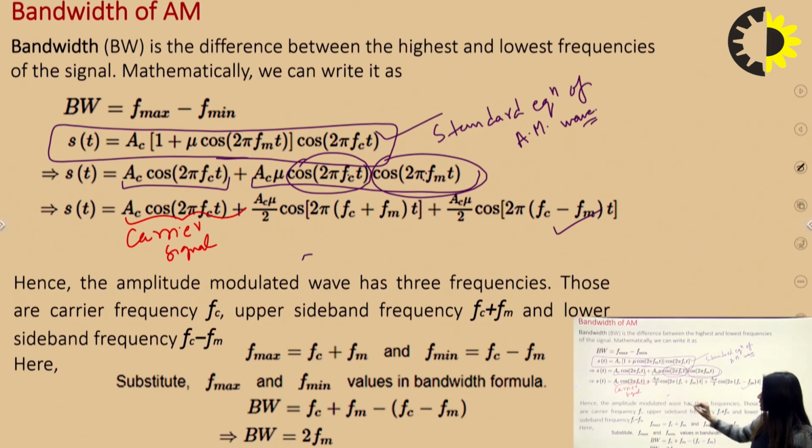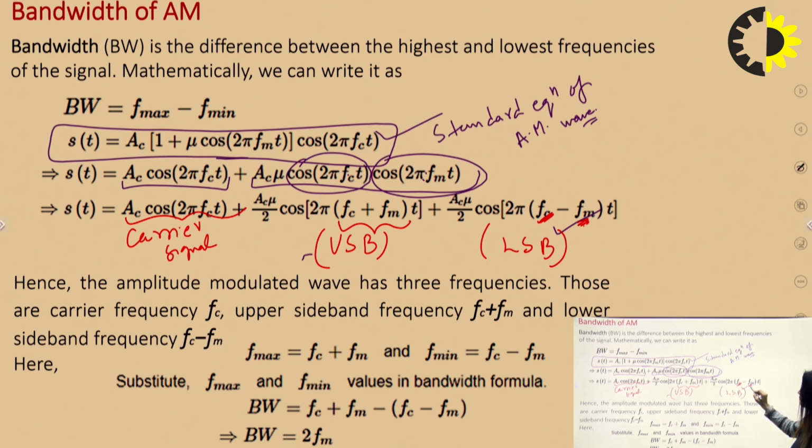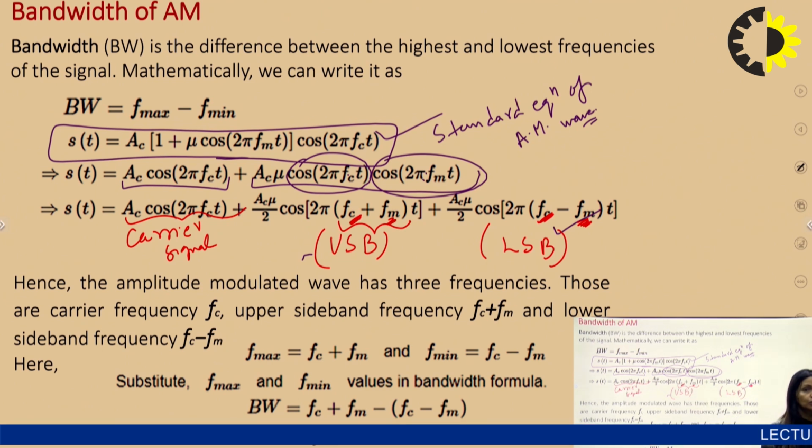Now this particular term is having the two frequencies to be added, that means it is my upper sideband, and this is my lower sideband, because here I am taking the difference FC minus FM. Here I have FC plus FM. So I have one carrier signal, one upper sideband, and another one is lower sideband.